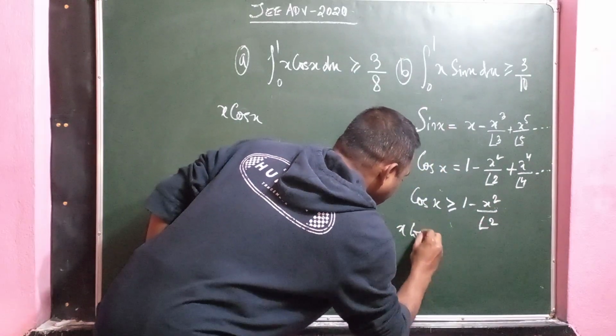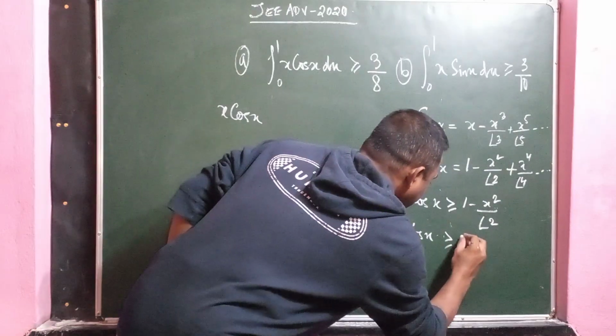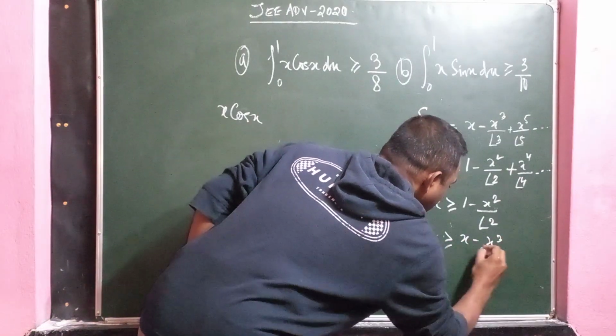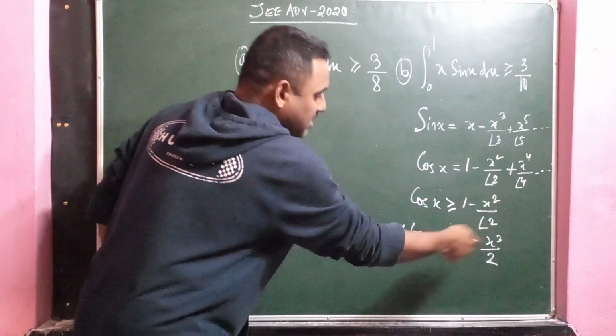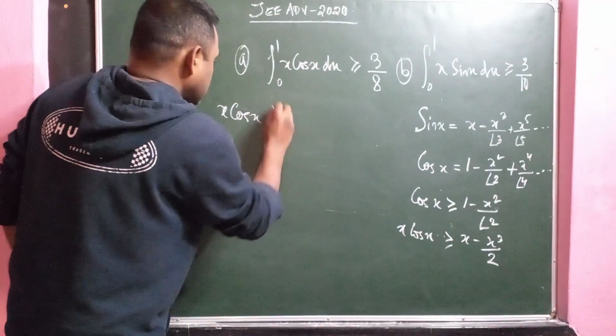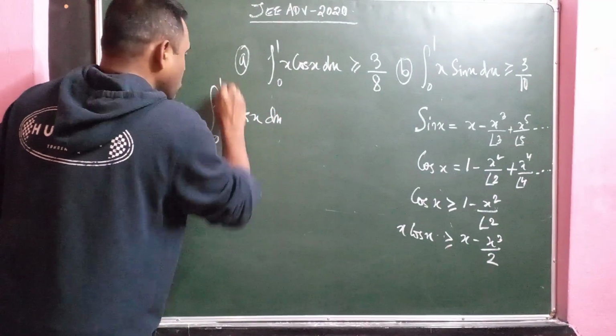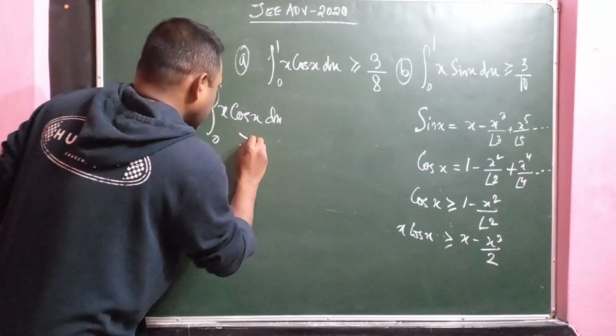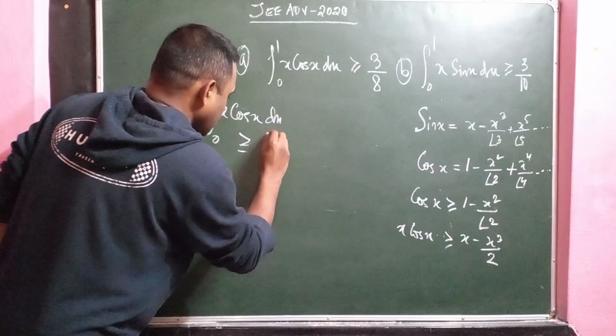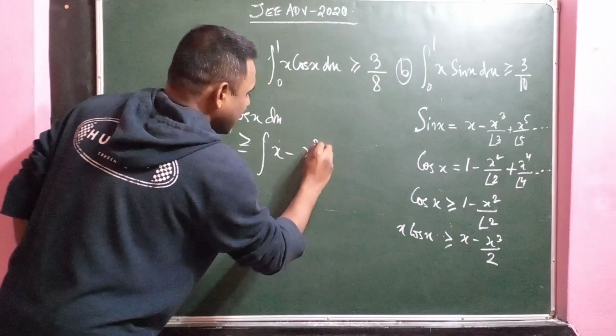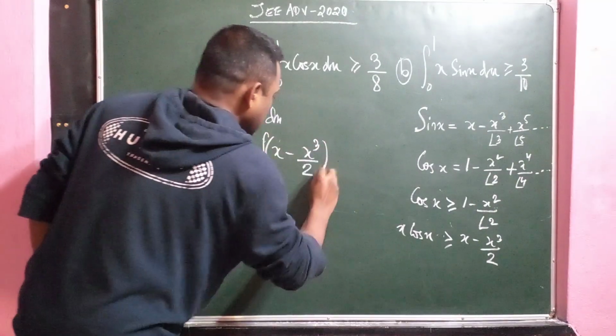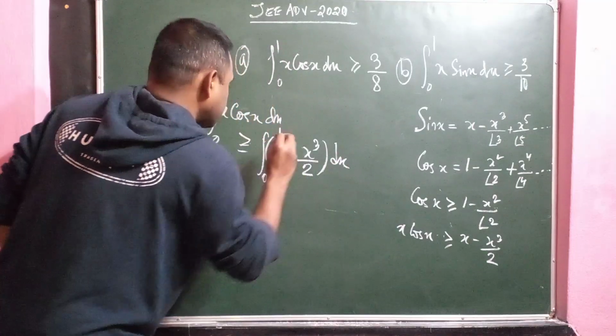So x cos x will be greater than equals to x minus x cube by 2, multiplying by x. Now this integral dx from 0 to 1 will be greater than equals to integration of x minus x cube by 2 dx from 0 to 1.